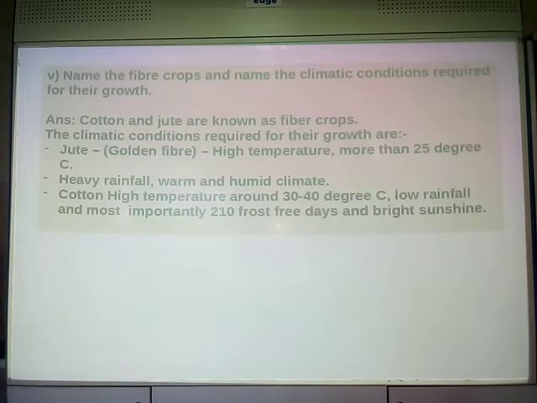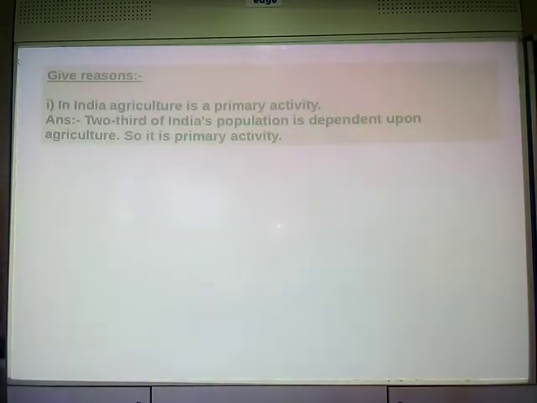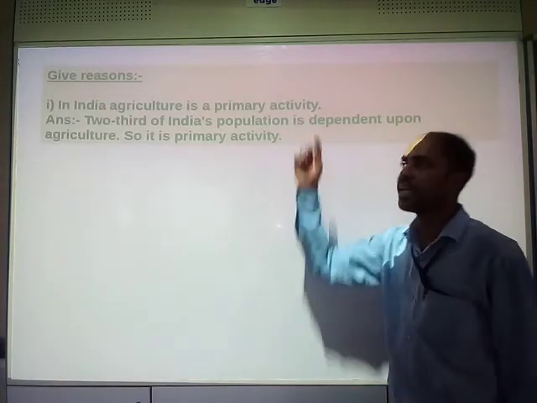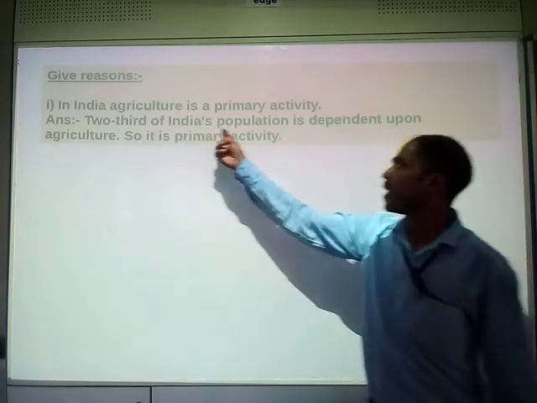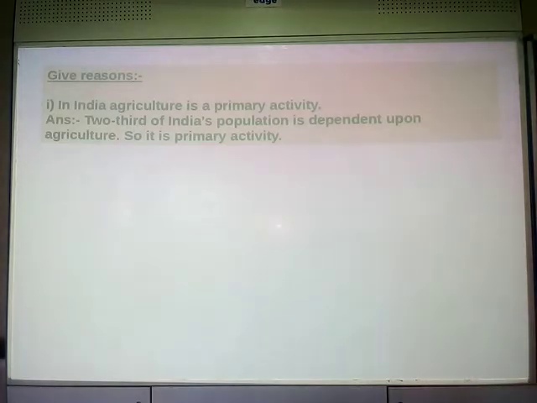Another question coming your way is: give reason. In India agriculture is a primary activity. Why is agriculture a primary activity in India? Because two-thirds of India's population is dependent upon agriculture. Our population is not in millions but in billions, right? So calculate two-thirds of it.